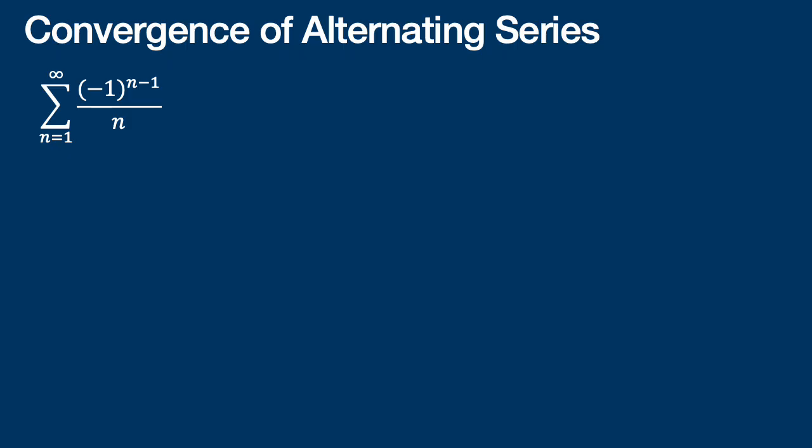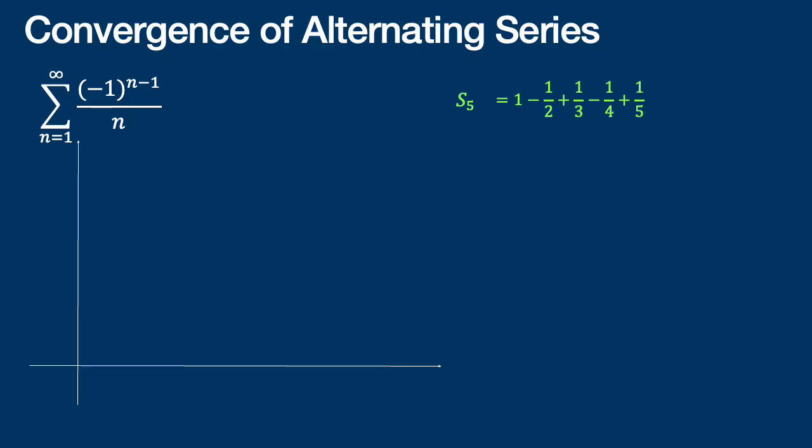We have to find the partial sum, right? This series is an alternating series. So we want to find S5, the partial sum. S5 is where we add from the first term to the fifth term. That's 1 minus 1/2 plus 1 over 3 minus 1 over 4 plus 1 over 5.